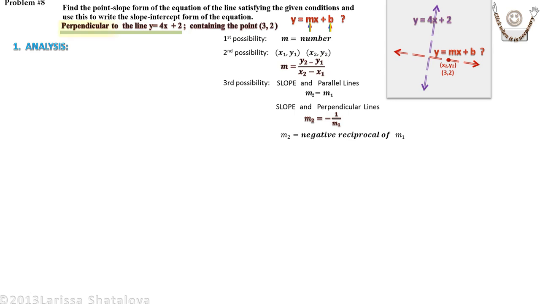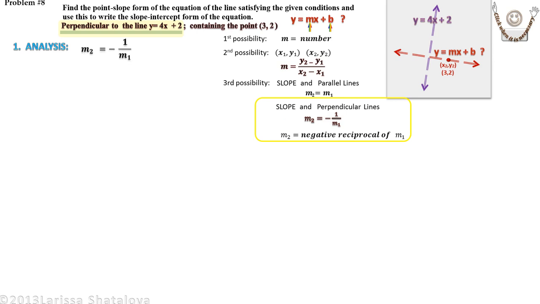In this case, our line is perpendicular to the line y equals 4x plus 2. And what do we know about the slope? Our line is supposed to have a slope which is the negative reciprocal of the first slope. So the second slope is the negative reciprocal of the first one. Okay, this is what we are going to use in order to find the slope.